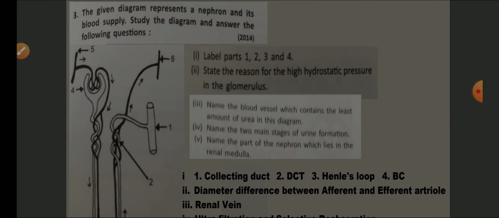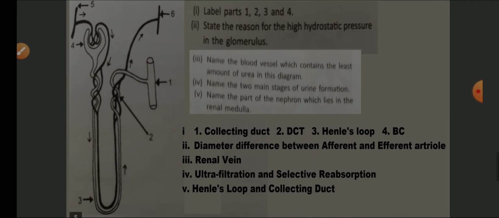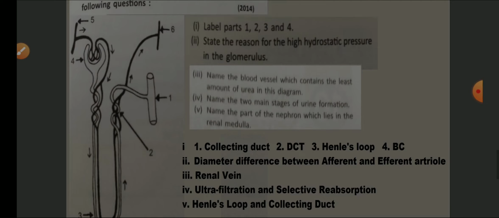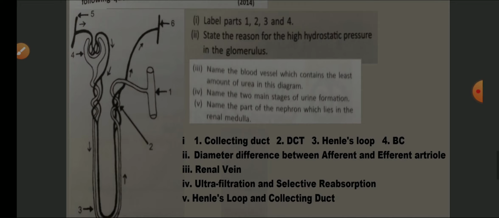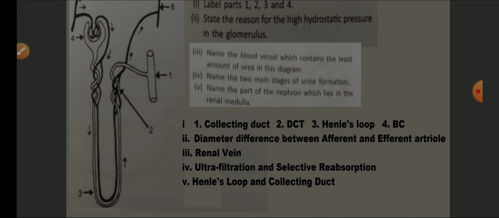Okay, the first one, labeling 1, 2, 3, 4. Number 1 is the collecting duct, number 2 is the DCT, number 3 is Henle's loop, and number 4 is the Bowman's capsule. Why is there a high hydrostatic pressure? Because of the diameter difference between the afferent and efferent arterioles. Name the blood vessel which contains the urea in the diagram. It is the renal vein.